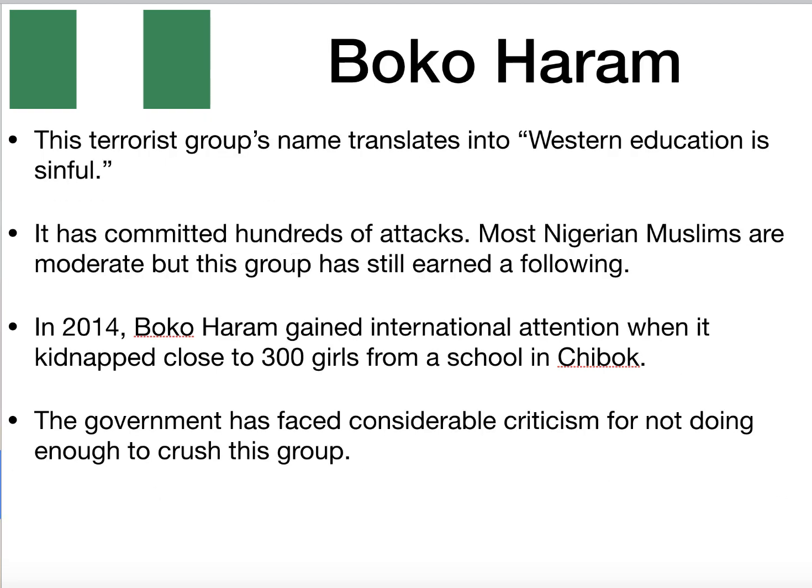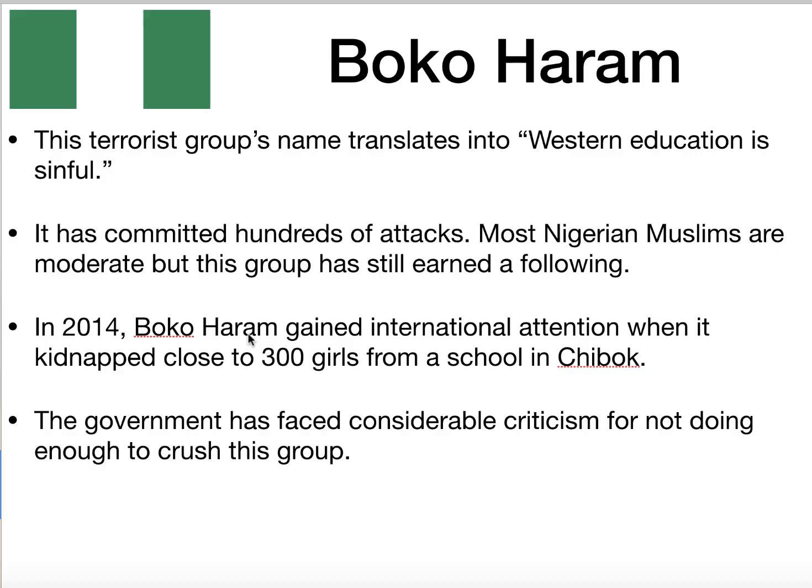And then our big topic for Nigeria would be the presence of Boko Haram. This is a terrorist group whose name translates into Western education is sinful. They've carried out many attacks, killing hundreds and hundreds of people. And the most infamous one is when they kidnapped girls at a boarding school in Chibok in 2014.